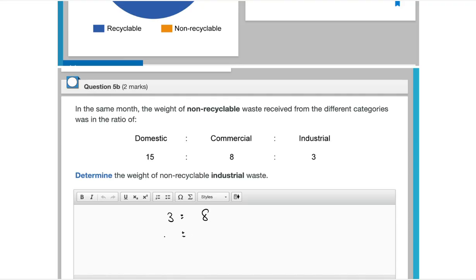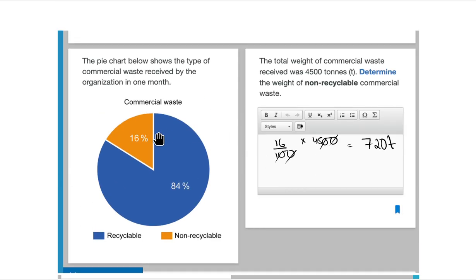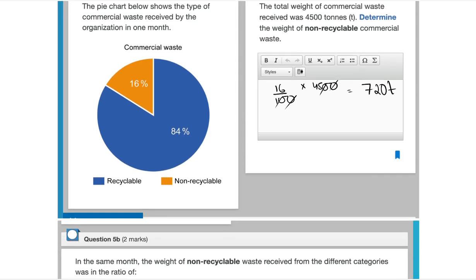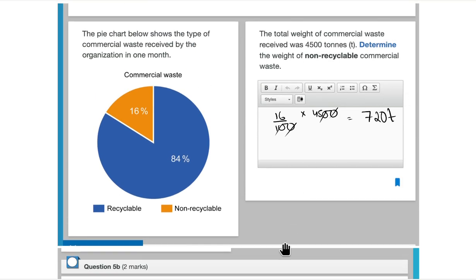is the same as x ratio 720, as what we had initially found out, right? With reference to industrial, and because we know the value of the commercial weight. The commercial waste is written by the ratio of 8 and it was 720 tons.